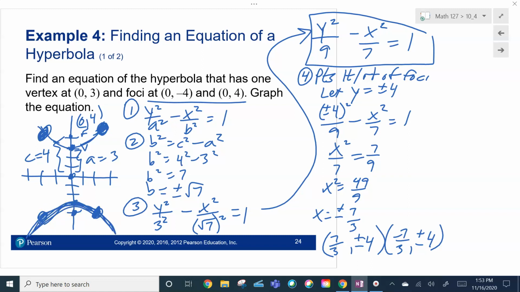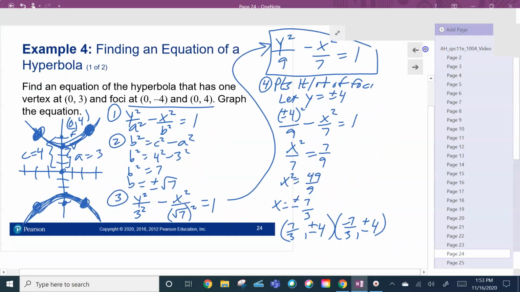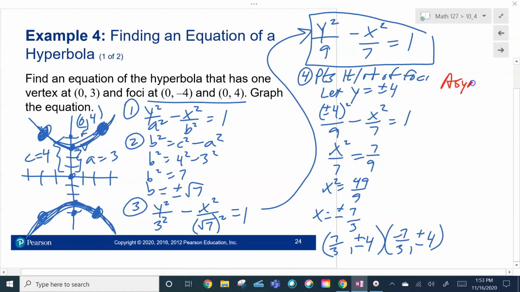The only thing we're missing here, since it's going through the vertex, is our asymptotes. So for our asymptotes, we go up a, so up 3, and over b. Now b is root 7, right? So that's between 2 and 3, so about right here. So up a over b, put a point.